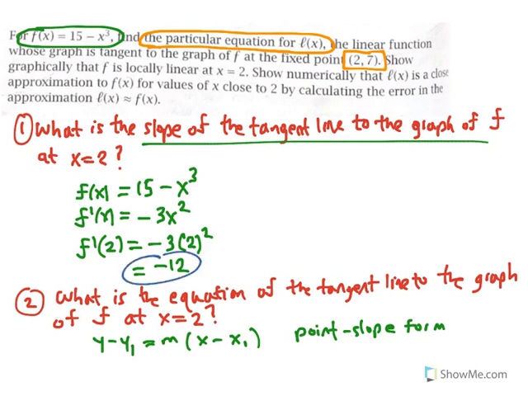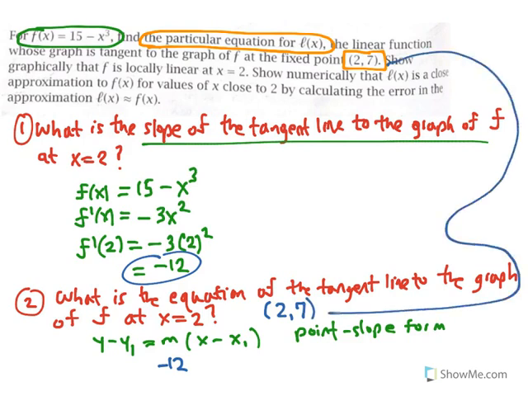It is negative 12, so I can substitute negative 12 for m. And we know the coordinates of a point that will be on the tangent line, and that point is the point 2, 7, called the point of tangency. So that's going to be x sub 1 will be 2, and 7 will be y sub 1.